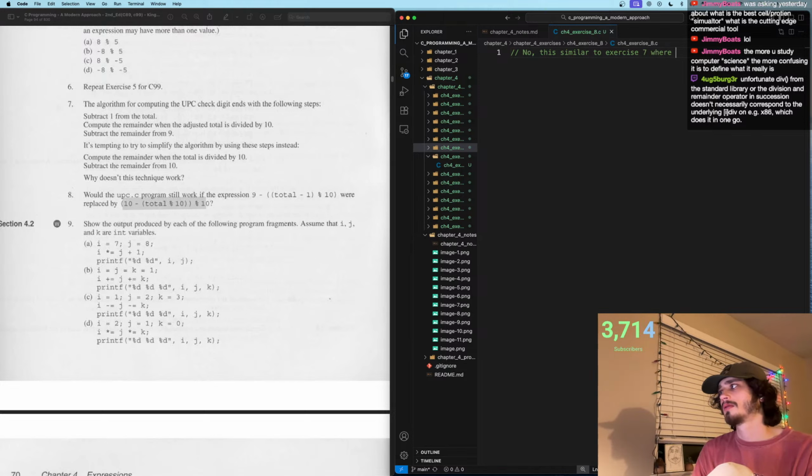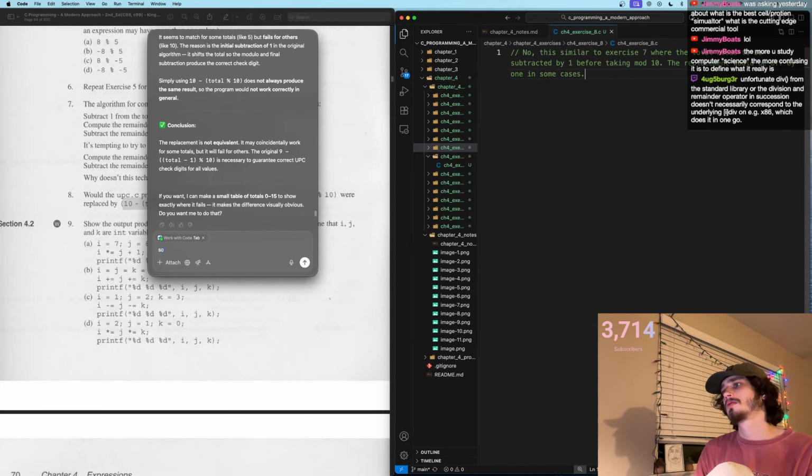where the total needs to be subtracted by 1 before taking mod 10. The replacement would be off by 1 in some cases.